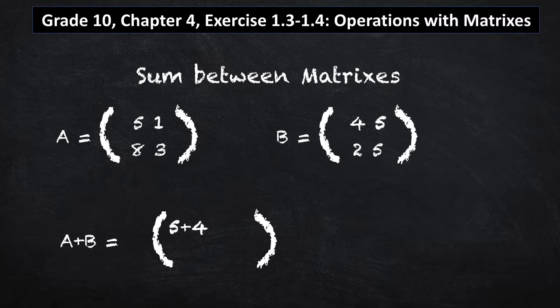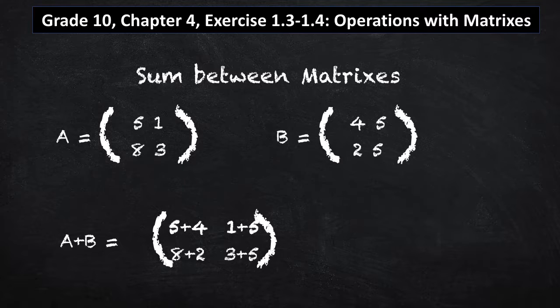In the element 1, 2 of the matrix A plus B, we will find the sum between the element 1, 2 of the matrix A and the element 1, 2 of the matrix B. So 1 plus 5. In the second row, we will find 8 plus 2 and 3 plus 5.